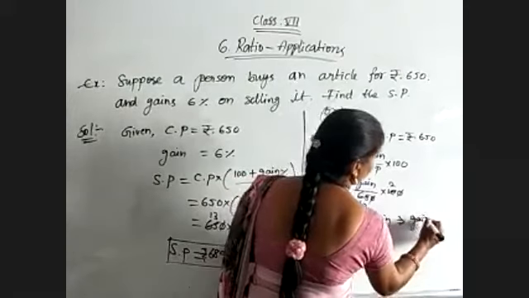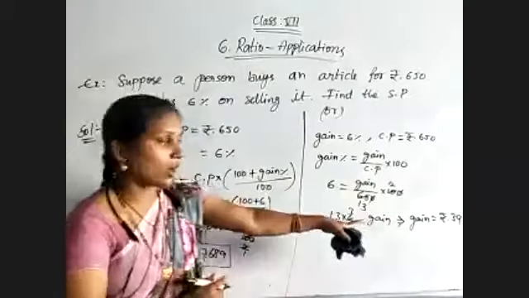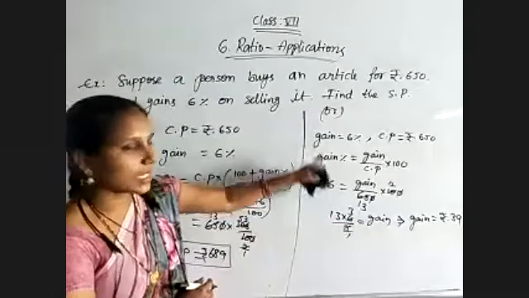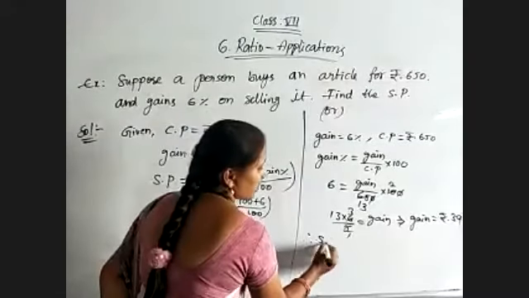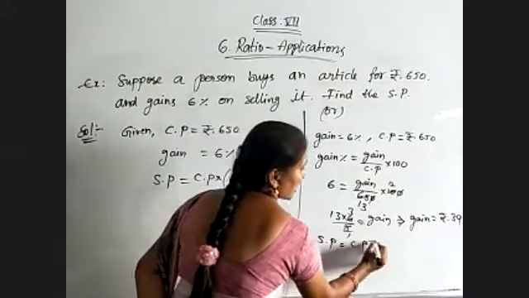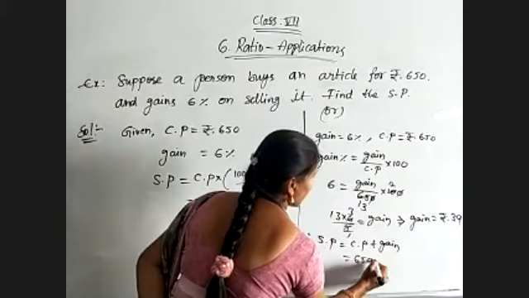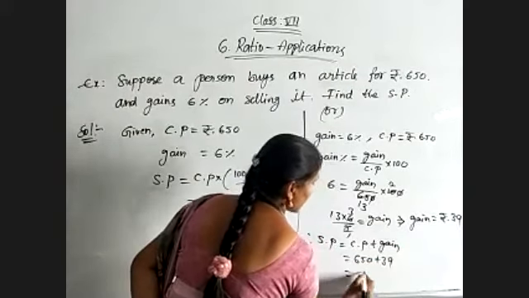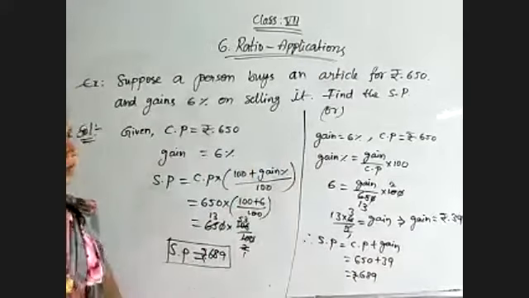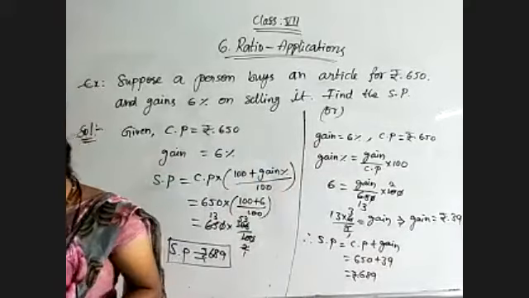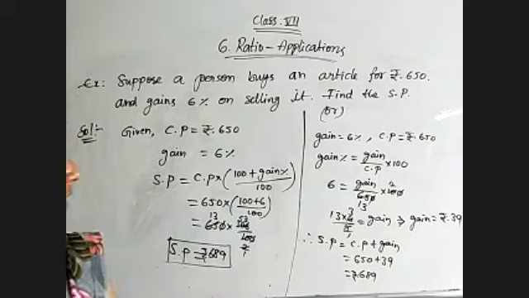Gain is 39 rupees. They gave the percentage and we got the value. Therefore SP is equal to CP plus gain, 650 plus 39, so we get 689 rupees as SP. Like this also we can do. After this, I'll explain how to use the proportion method.